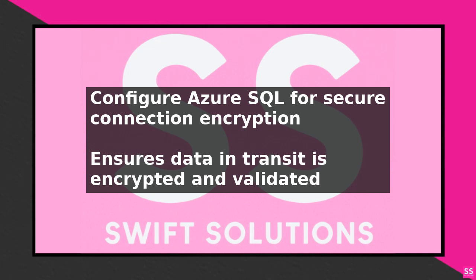In addition, use the Azure SQL Database Performance Recommendations to identify and implement performance improvements. These recommendations are based on machine learning algorithms that analyze database usage patterns and provide personalized recommendations for improvement.